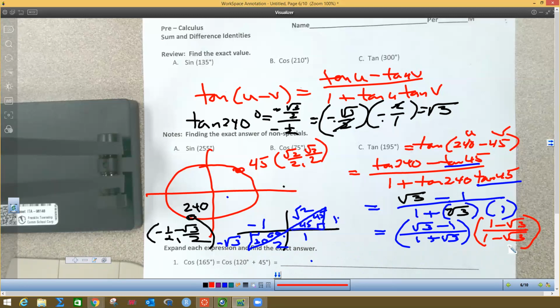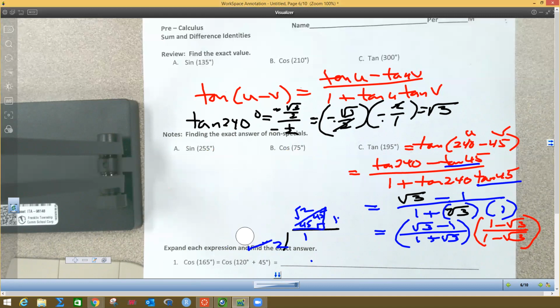Now, let's see if any of you can remember this. When you multiply conjugates together, what answer do you get? A difference of squares. I'm going to get rid of this circle here and remind you of this. In case you don't remember, we've done this multiple times.